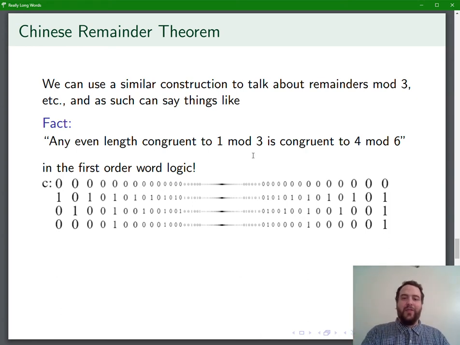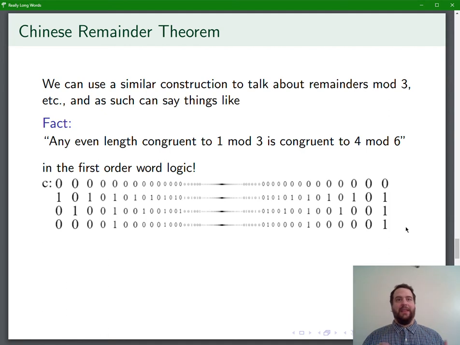And so as soon as we choose the remainder of C modulo 2 and modulo 3, we've also chosen its remainder modulo 6 by the Chinese remainder theorem. So the general Chinese remainder theorem is not a fact of the logic, right?